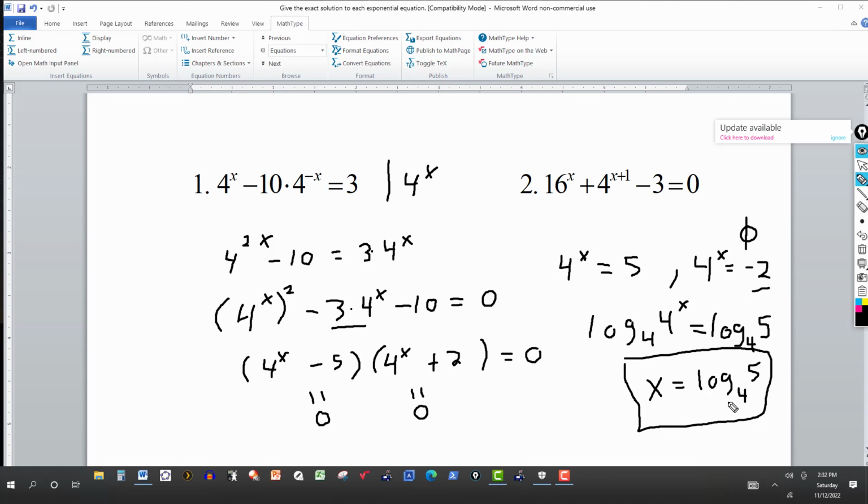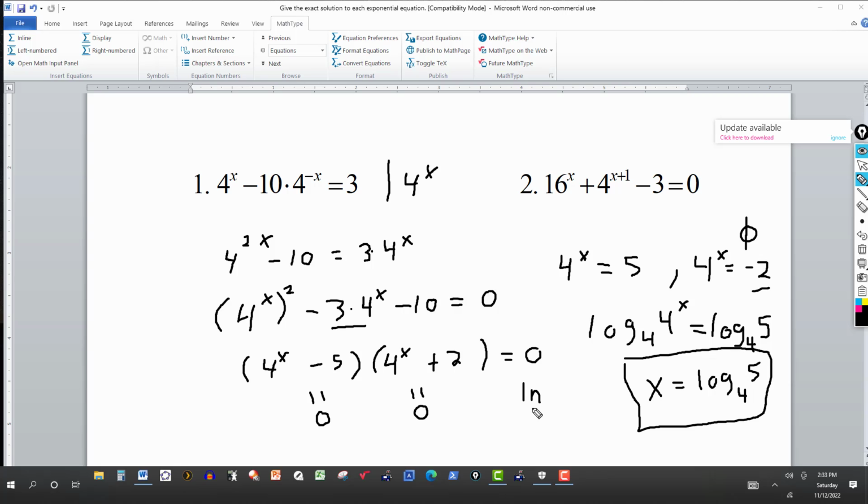Now, what if they wanted an approximation? This is the answer for this one, but just to carry it another step, what if they wanted an approximation, say to 3 places? Then you would use your calculator, and since I used base 4, I'd have to use a change of base formula. So this would be the same thing as changing the base to natural log.